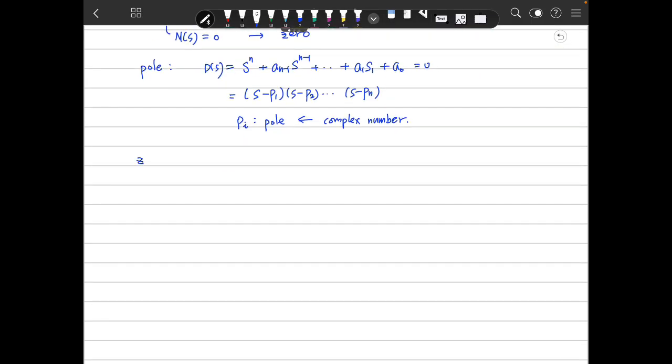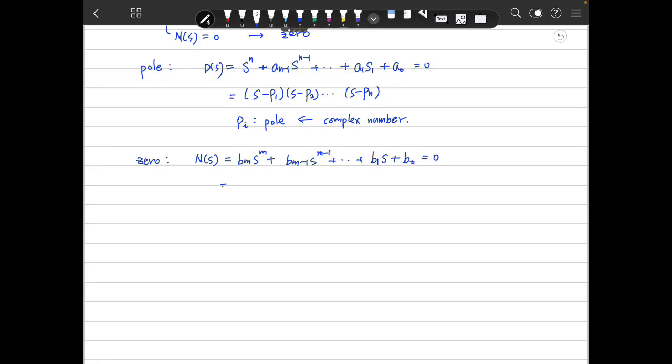In other words, N(s) = b_m s^m + b_(m-1) s^(m-1) + ... + b_1 s + b_0 will be 0.